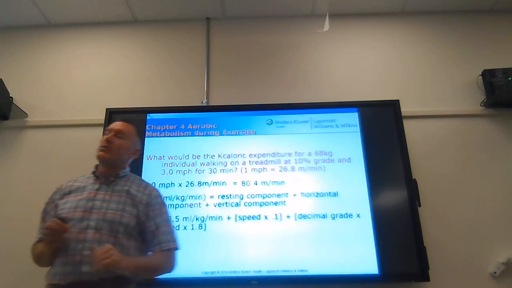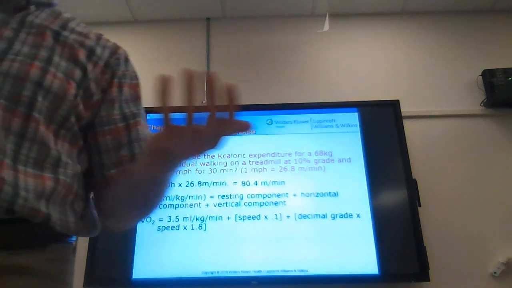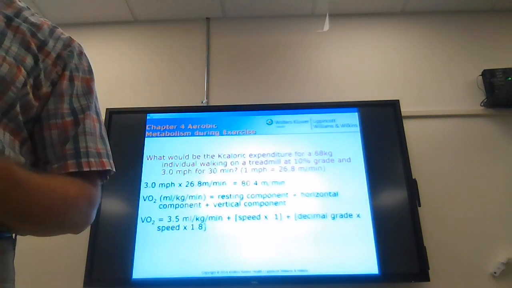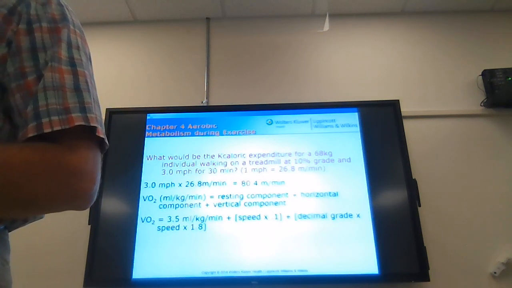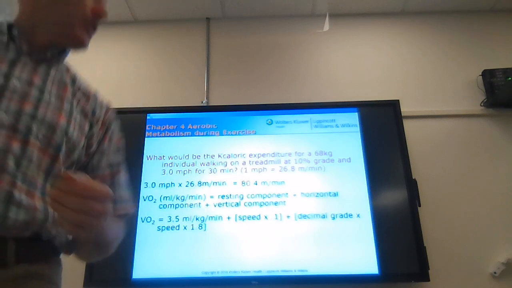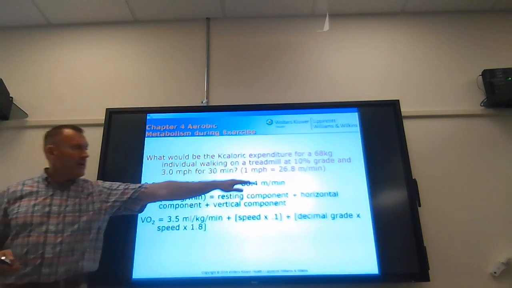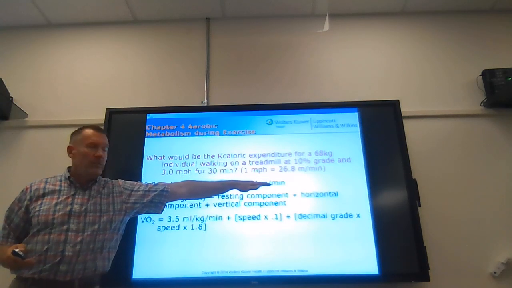So decimal grade, what does that mean? How are you going to write that into an equation? How would you put 10% into this equation if you have to put it in decimal form? Yeah, so 0.1 would be 10%. Does that make sense? Okay, so 0.1 times the speed. What's our speed? Right here, because we converted 3 miles per hour to meters per minute.